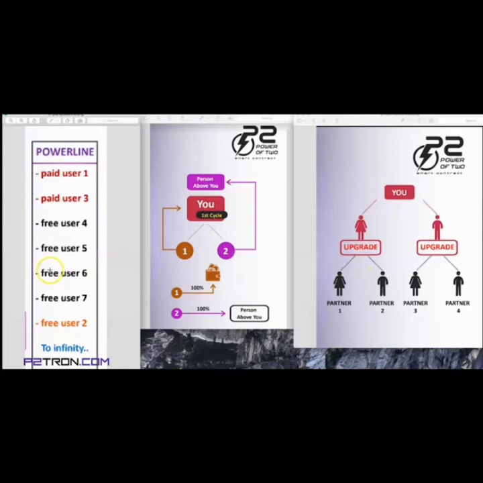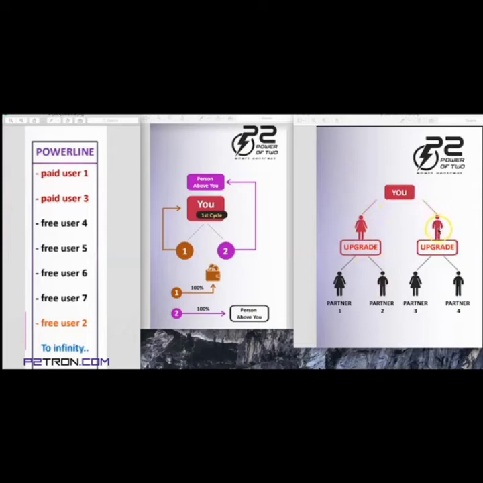The global power line takes somebody from over here, puts them right here. That person contributes to your first person. They get paid 100% instantly. The second person is actually going to cycle them so they start fresh, and that's going to pay you. This person will show up right there, something to that effect. Same thing here.